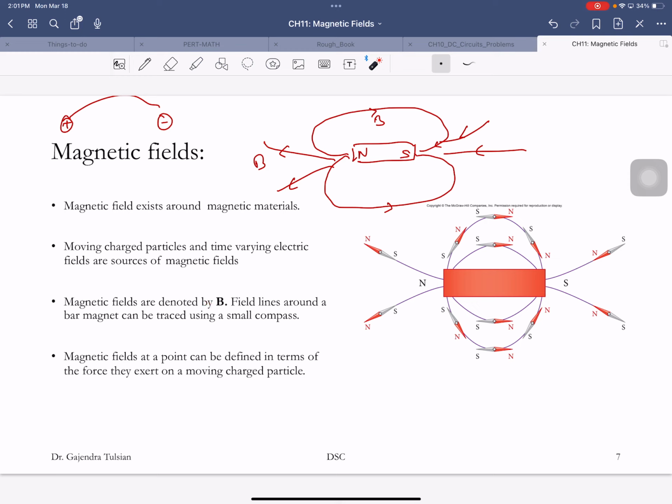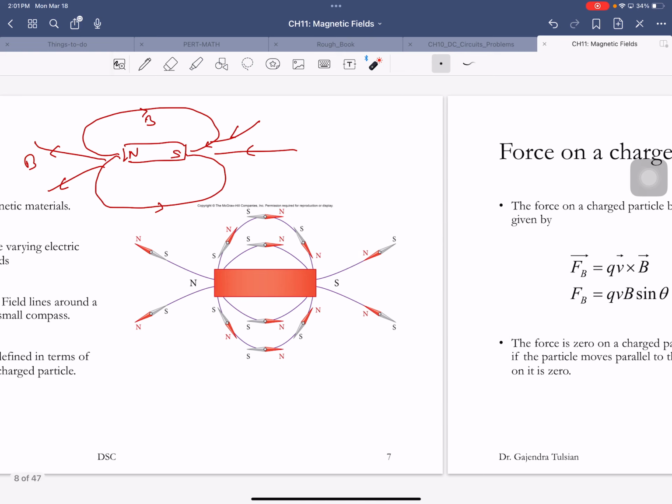They're denoted by B. So magnetic fields at a point can be defined in terms of the force they exert on a moving charge. How strong is the magnetic field here, and in what direction is it pointing? You can figure that out by using a moving charge. Okay, so that's how you detect magnetic fields.